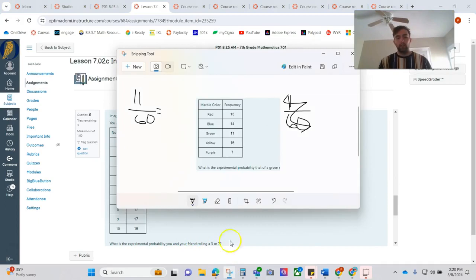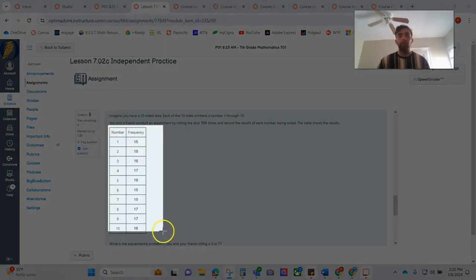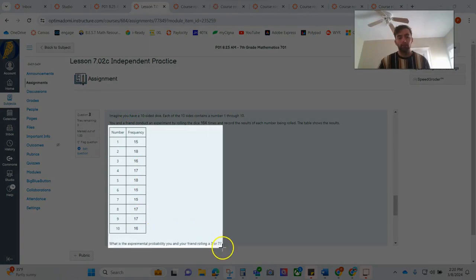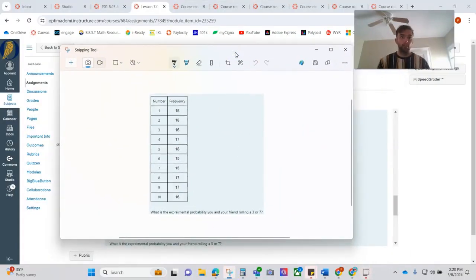So theoretical probability is what happens before the experiment. For each of these, if you have a 10-sided dice, what is the theoretical probability of you rolling a 3? Well, it's 1 out of 10, or a 10% chance of rolling any one of these numbers. That's the theoretical probability before the experiment happens.